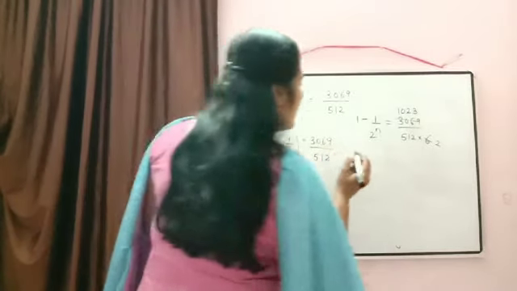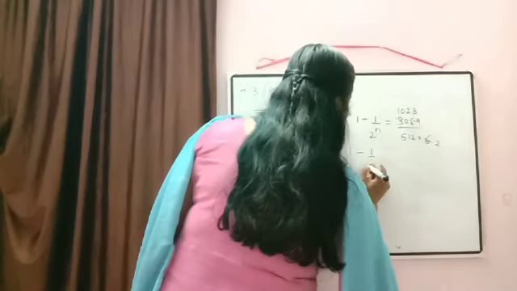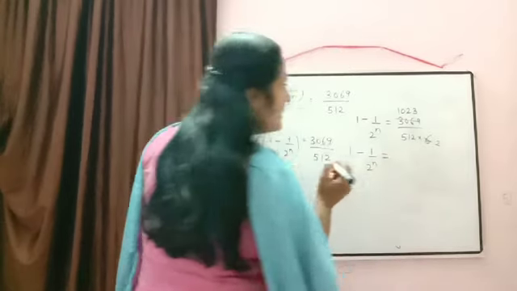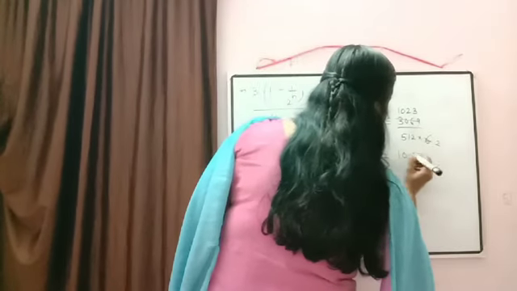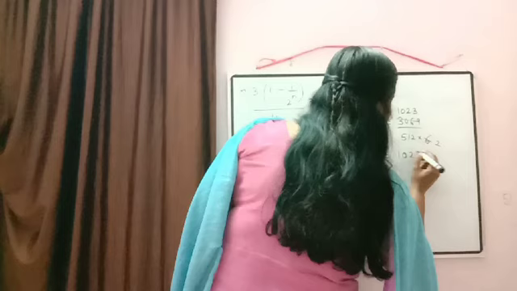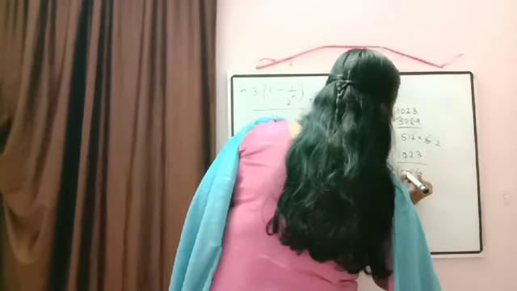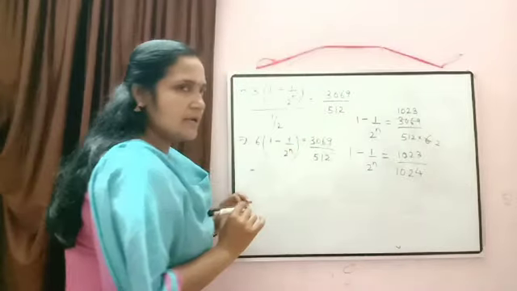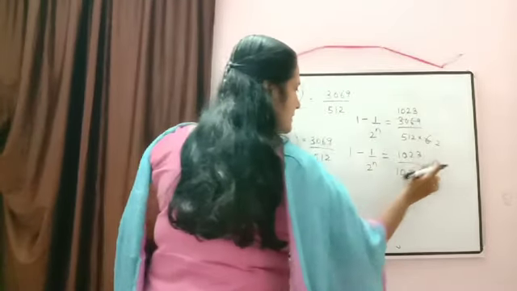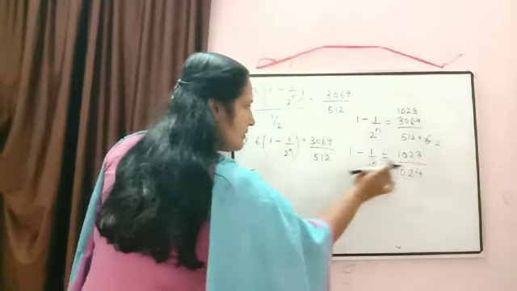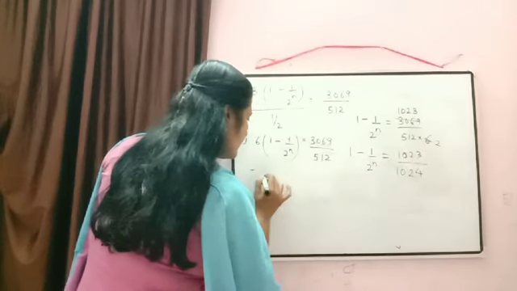Okay. Now here it will be 1 minus 1 by 2 raised to n is equal to 1023 by, 2 2s are 4, 2 1s are 2, 2 5s are 10, 1024. Now this expression we can shift to the left hand side.